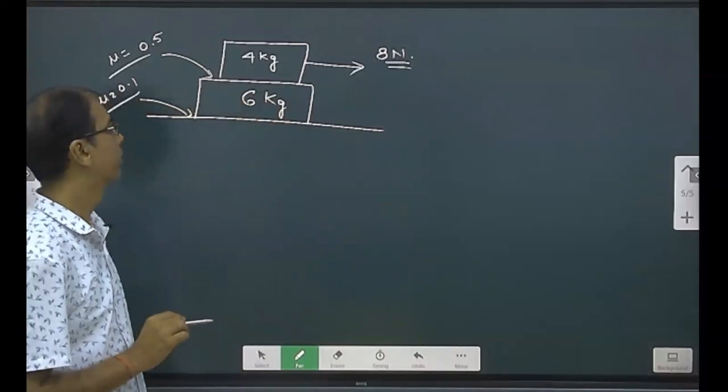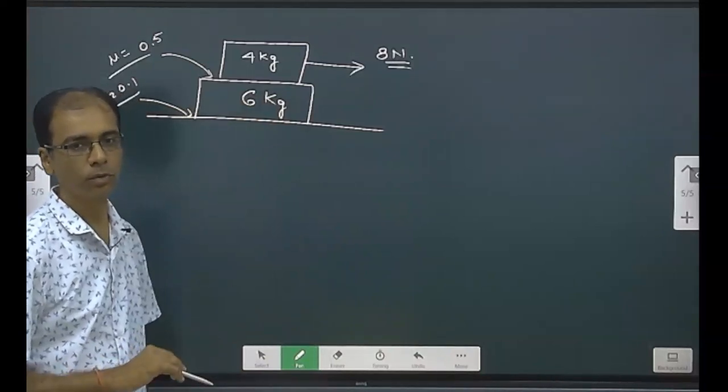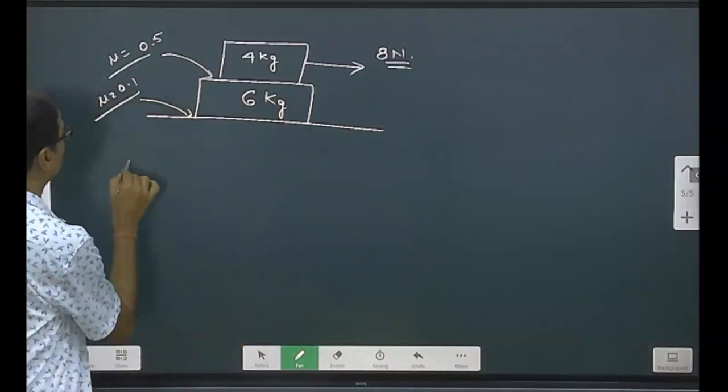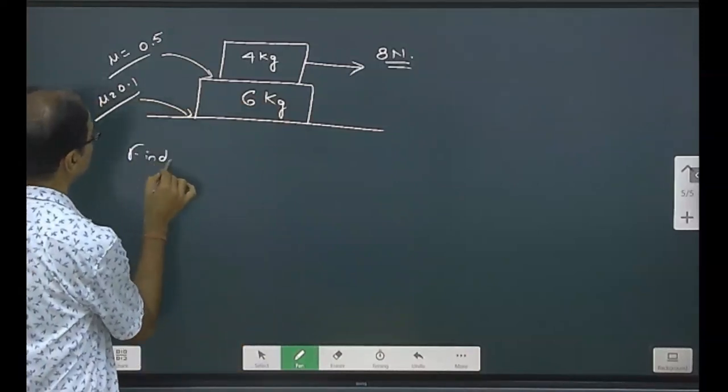Okay, what you have to give me? Acceleration of both the blocks. Okay, find acceleration of both blocks.